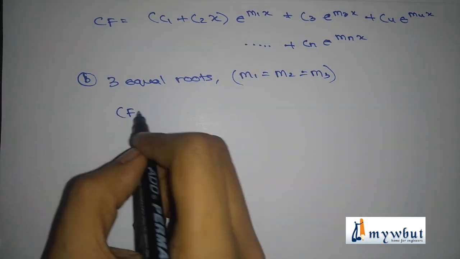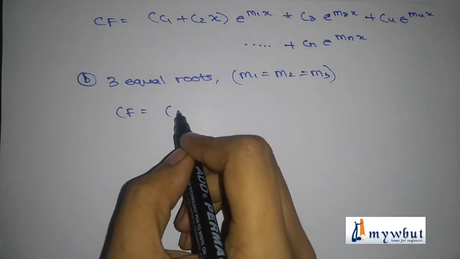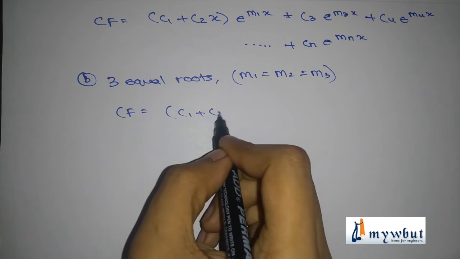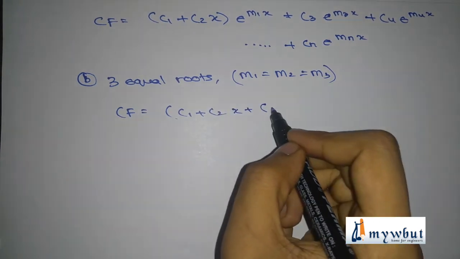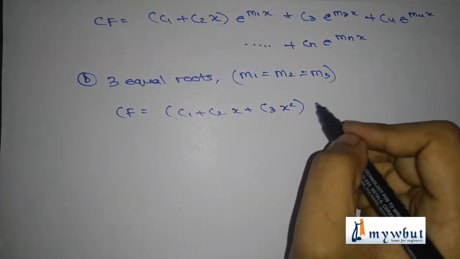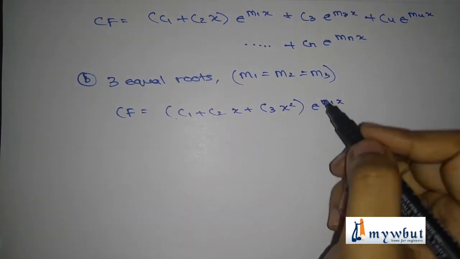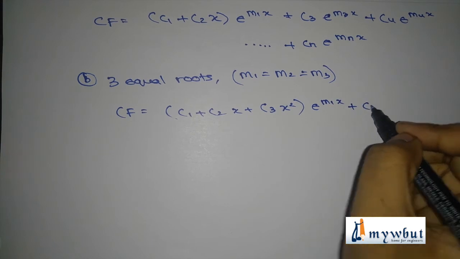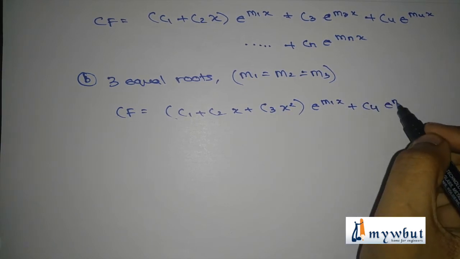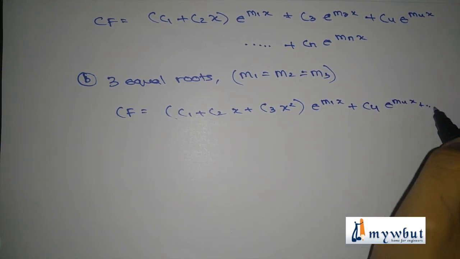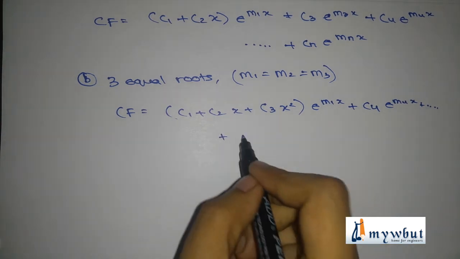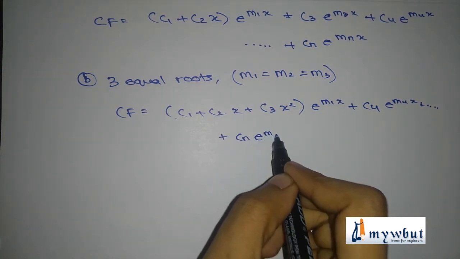Then our CF would be equal to C1 plus C2x plus C3x square, e to the power m1x (m1, m2, m3 according to your wish again), plus C4 e to the power m4x, similarly up to Cn e to the power mnx.